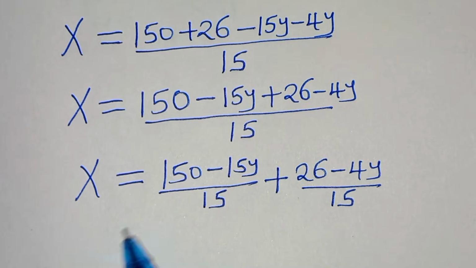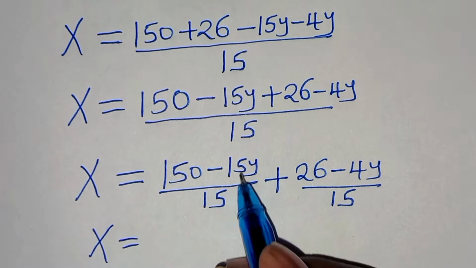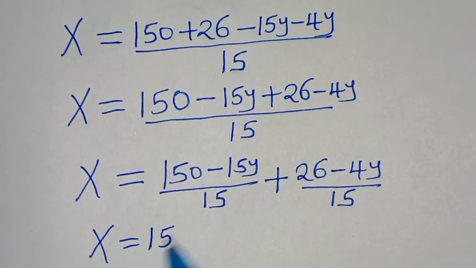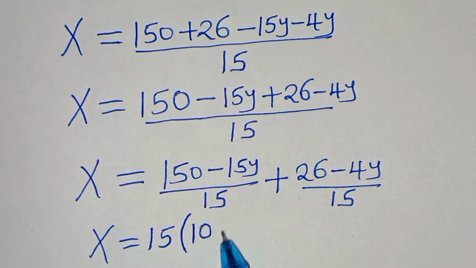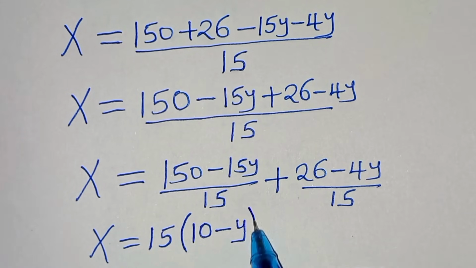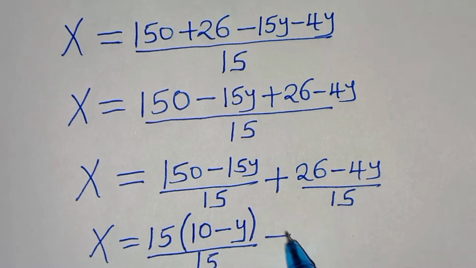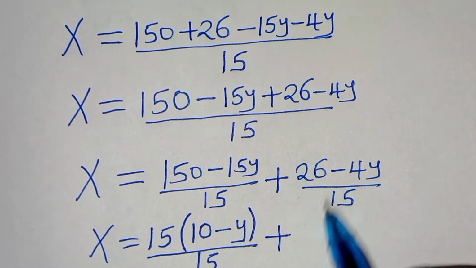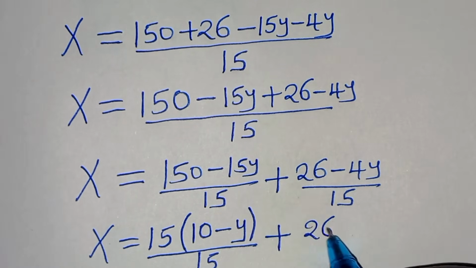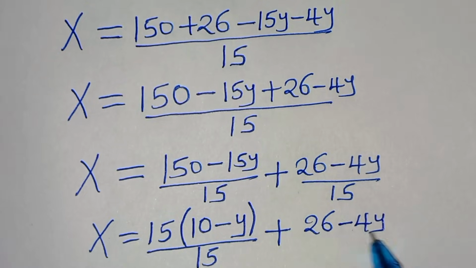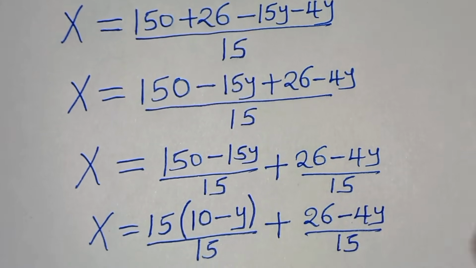We can factor out 15 so that here we have 15 into the parentheses. Here we have 10 subtract y across the parentheses, everything here divided by 15, then plus, now here we have 26 subtract 4y divided by 15.